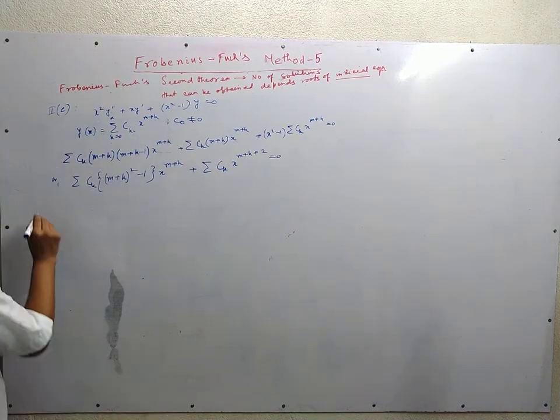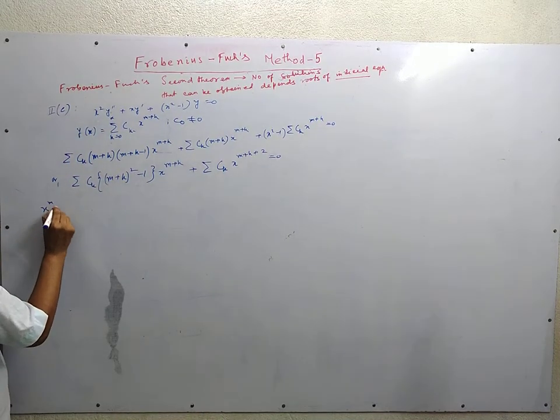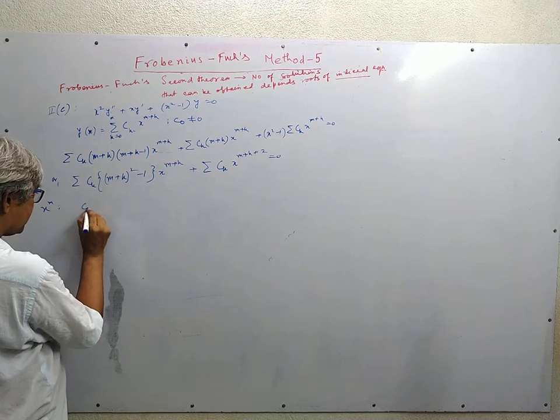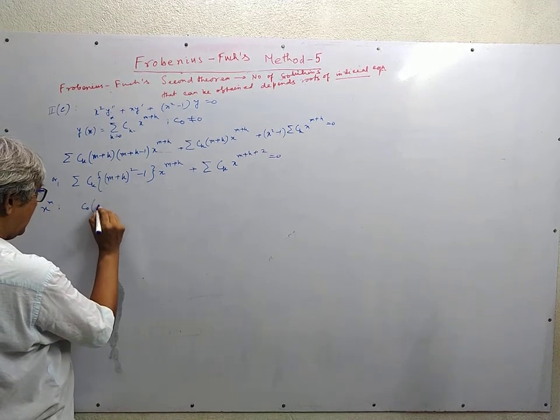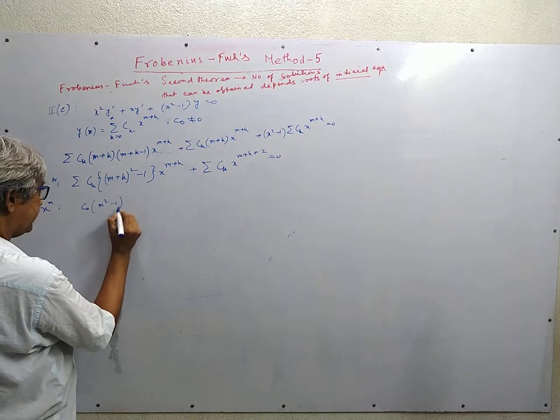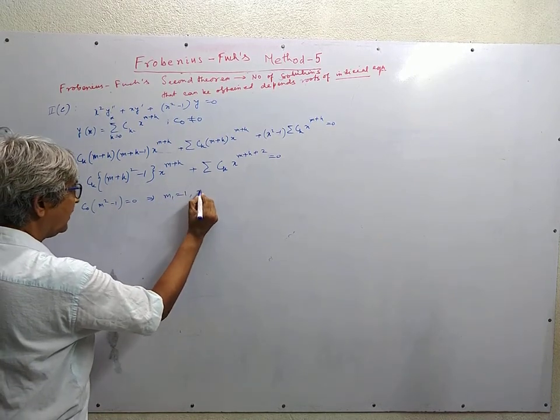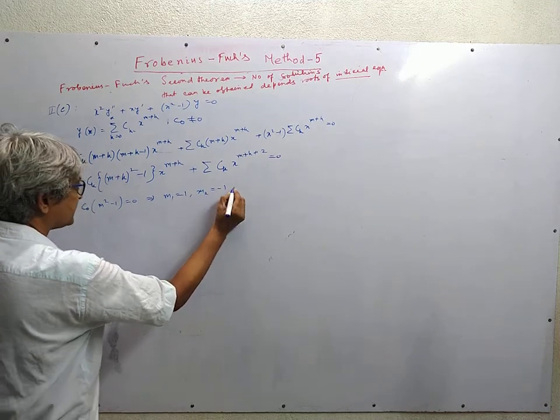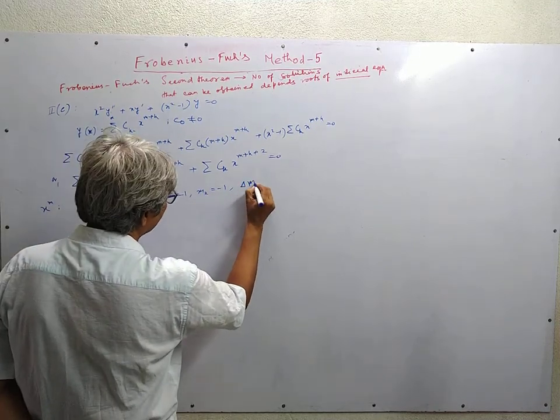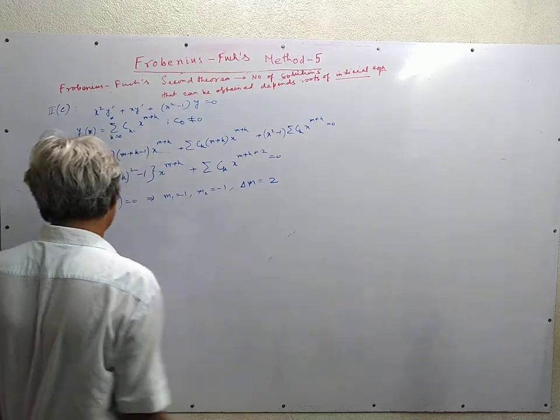So the lowest power is x to the power m, which gives you c0, m square minus 1 is equal to 0, that is m1 is equal to 1, m2 is equal to minus 1, so delta m is equal to 2, which is an integer.